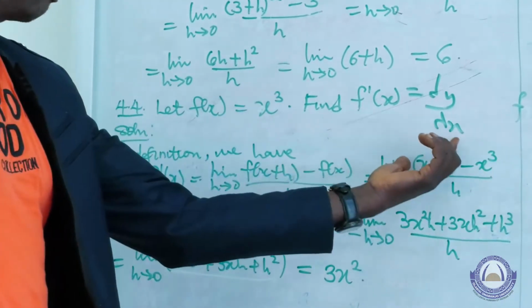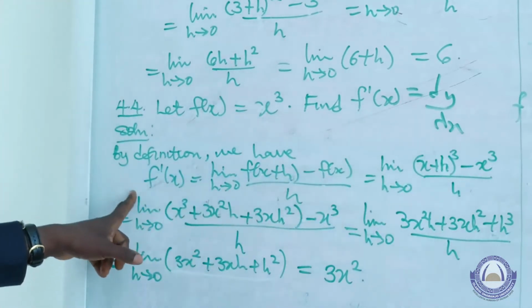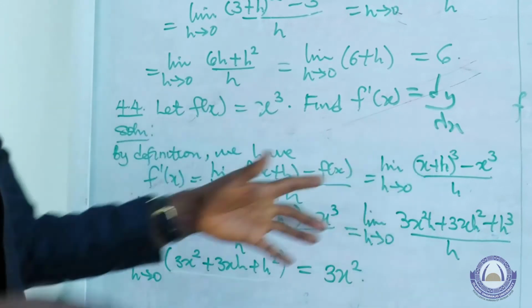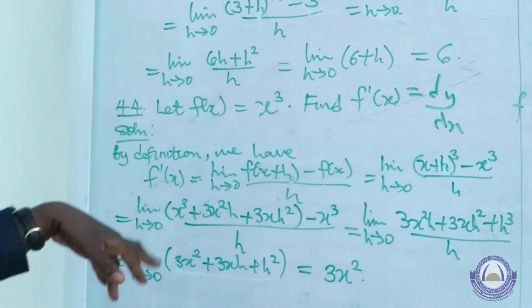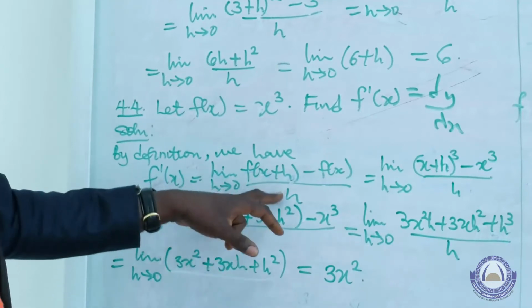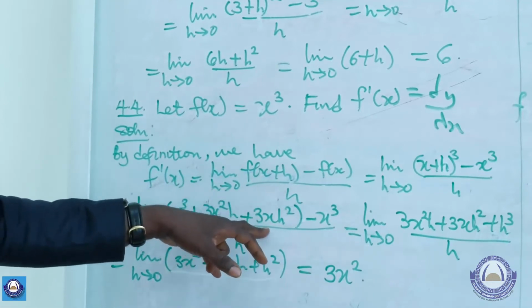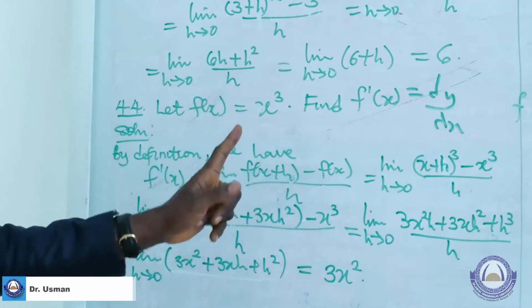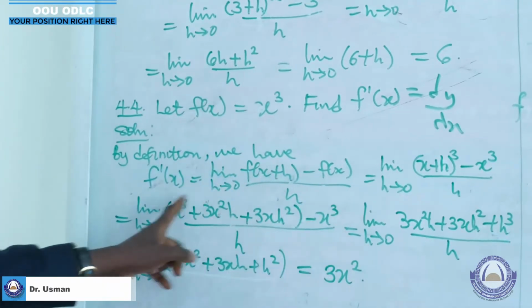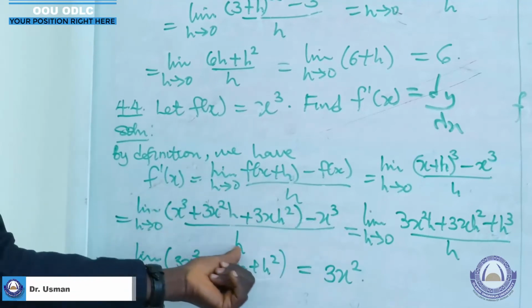Then when you now open the bracket here, that will give us the limit as h tends to 0 of x to the power 3 plus 3x squared h plus 3x h squared plus h cubed, minus x to the power 3, over h. When you open the bracket, this one will cancel this, minus and plus sign, over h.